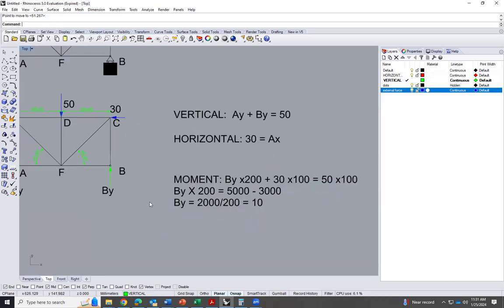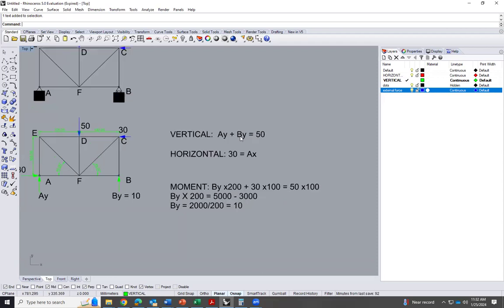So now BY is 10. We have BY, and we can calculate AY here. So that's pretty easy.